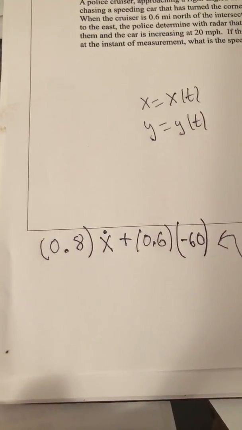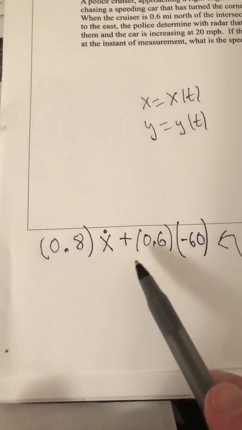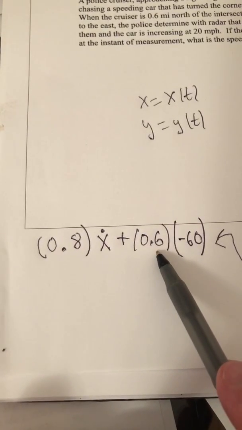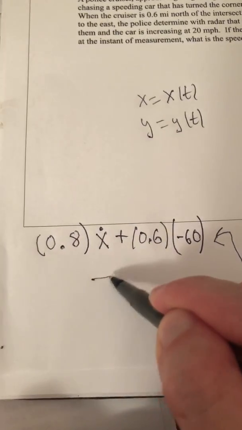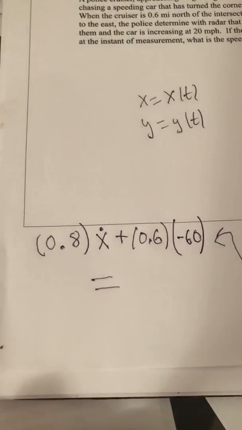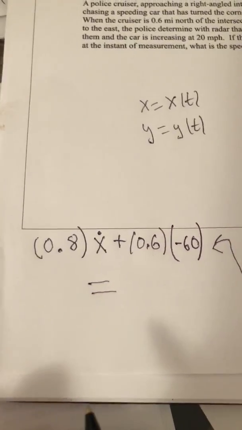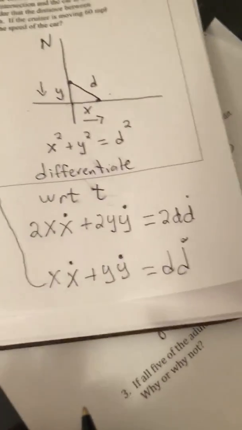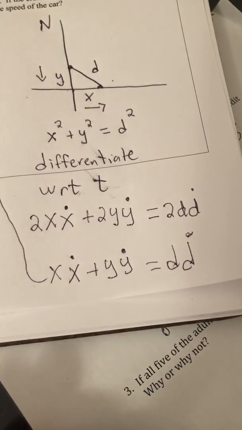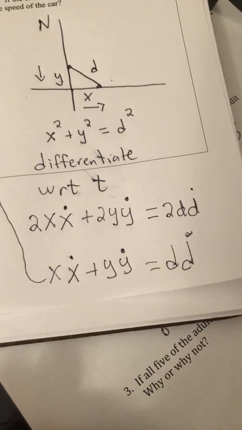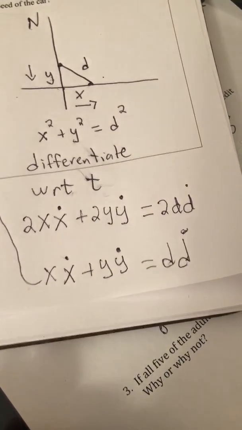So we have 0.8 times x dot plus 0.6 times negative 60 equals d times d dot. Now d dot we were given, right?